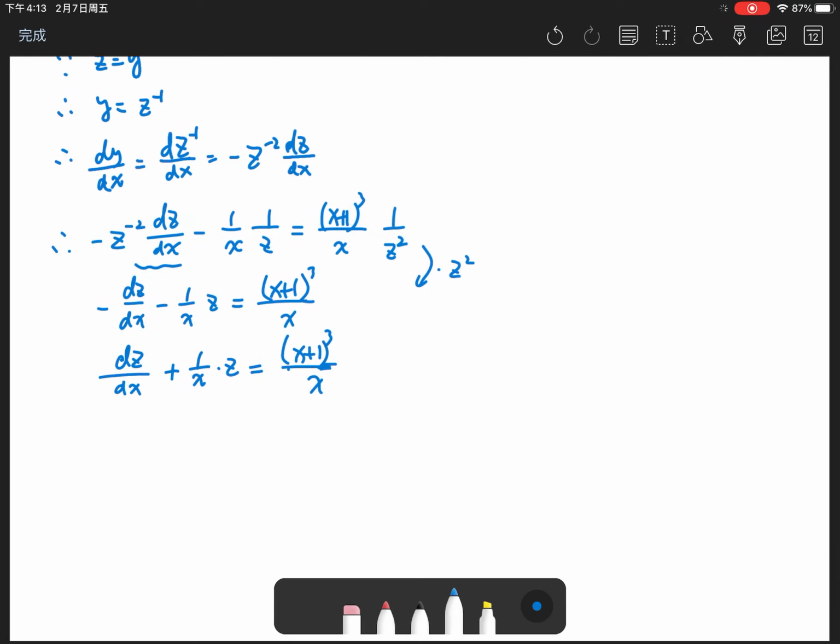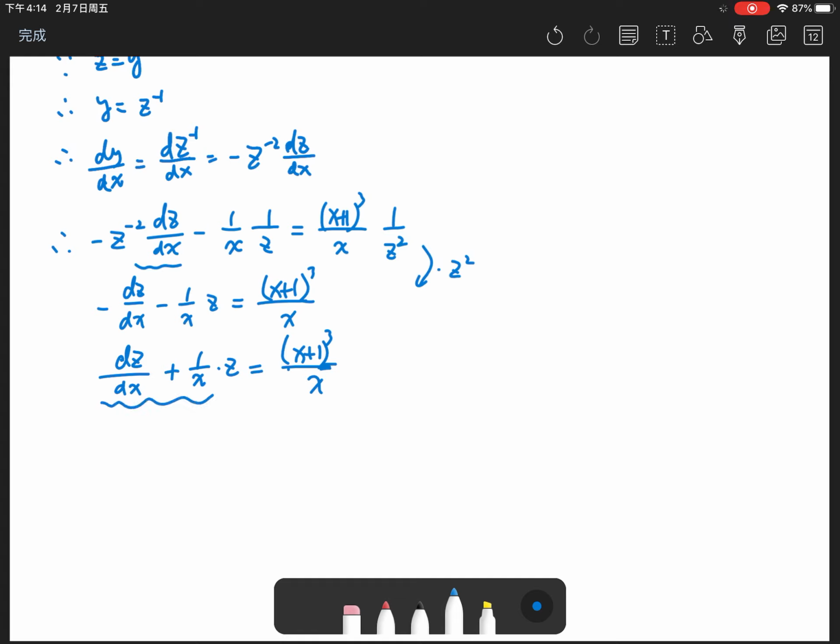Now check whether we can use the separating variables method, or maybe one side can be written as the derivative of a product, or whether it is type 3.